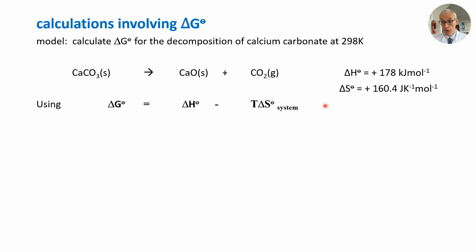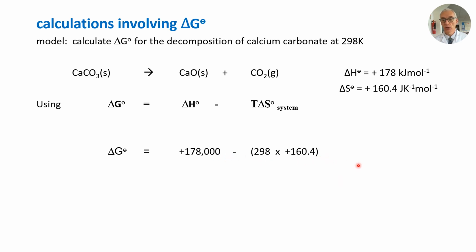I'm going to recall and use delta G equals delta H minus T delta S. So I now write delta G equals plus 178,000 minus 298 times 160.4.